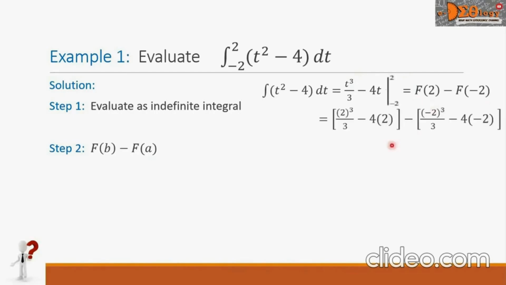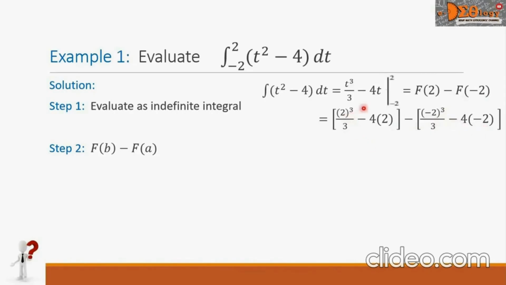So the f of 2 is now 2 cubed over 3 minus 4 times 2. Then minus this f of negative 2 is the cube of negative 2 over 3 minus 4 times negative 2.